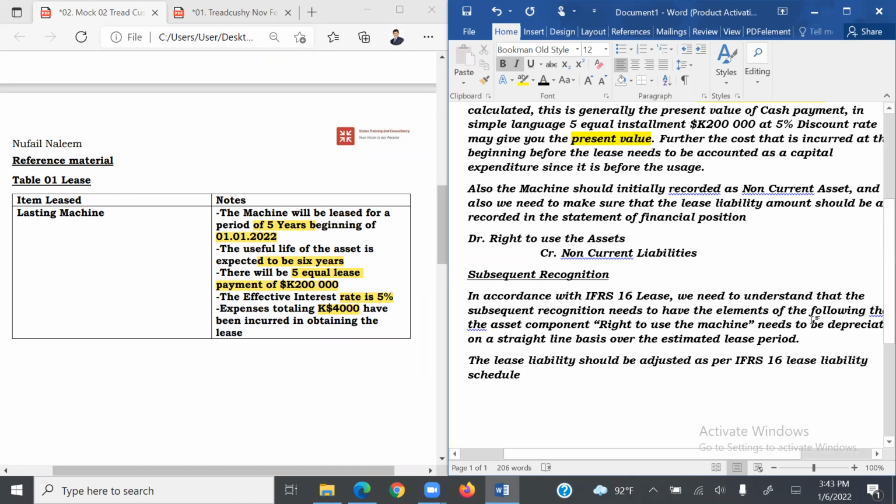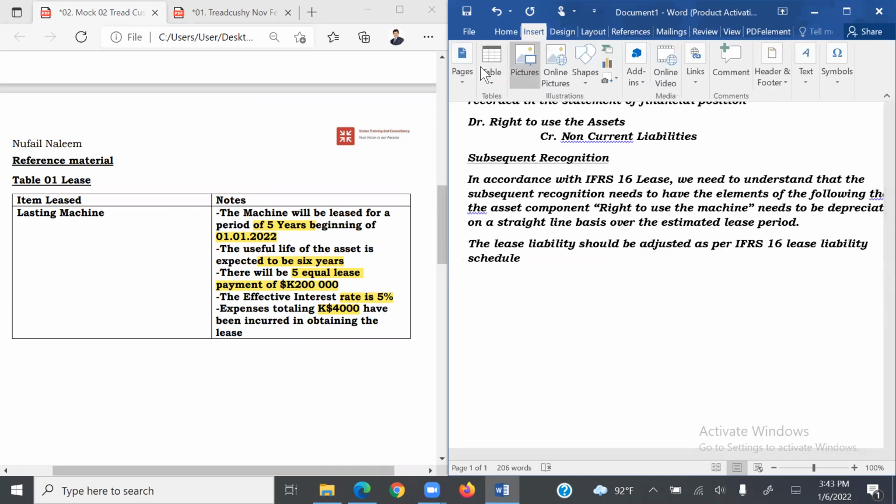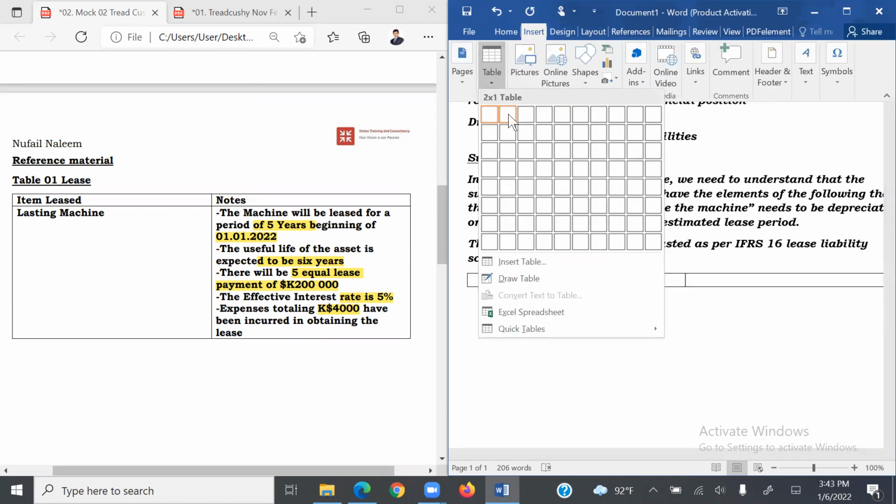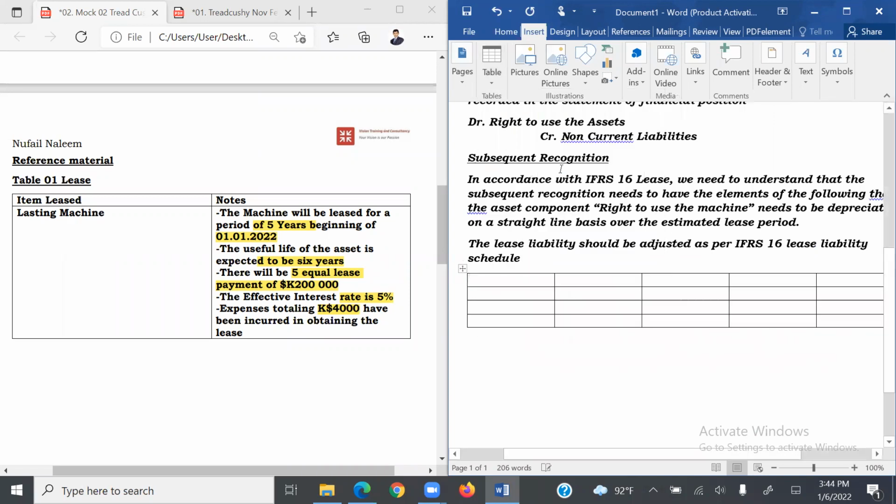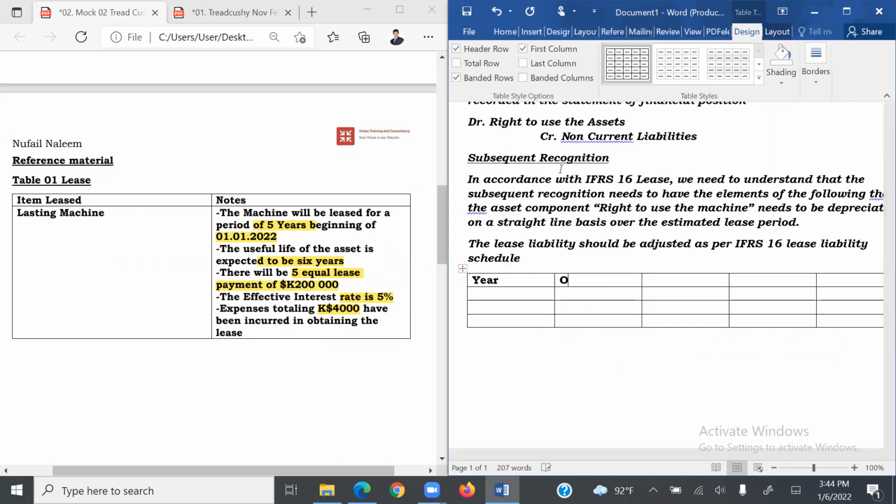In this lease liability schedule, we have: year, opening balance, effective interest, lease paid, because you need to pay money, and then the closing balance.